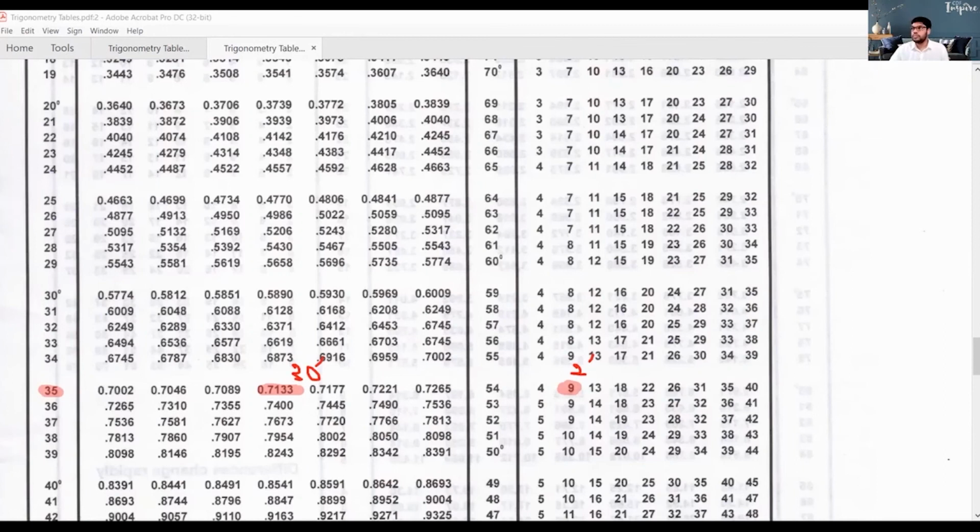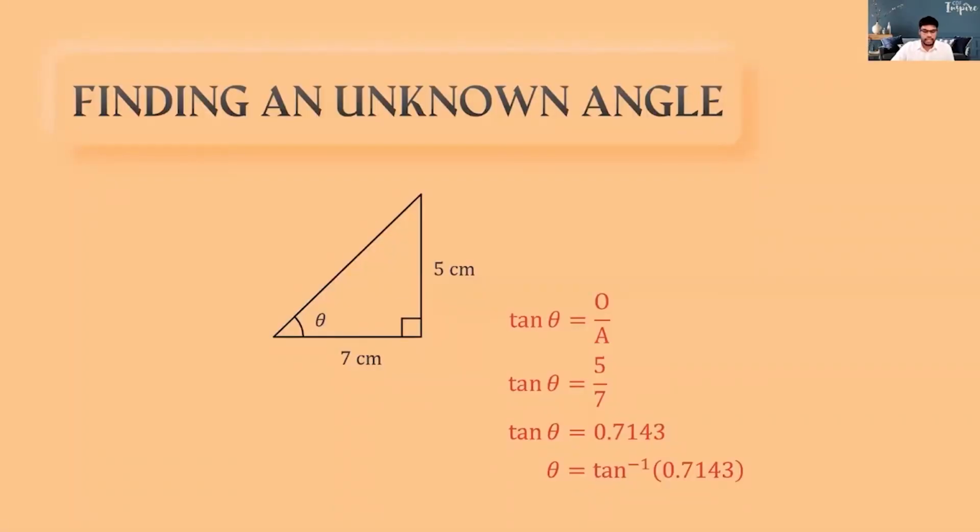Okay, so let me go back to the question again. Right, and now we can replace this with the angle, which is 35 degrees and 32 minutes. So children, that is how you read the trigonometry table and use those values to find unknown side lengths and unknown angles. I hope all of you understood, children.